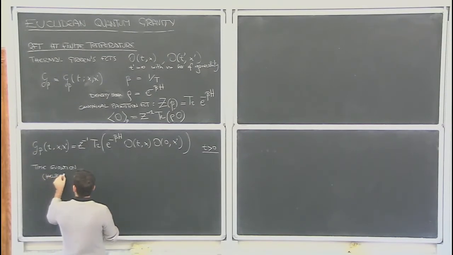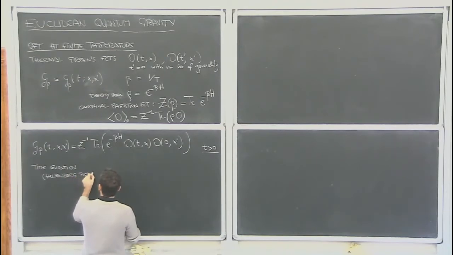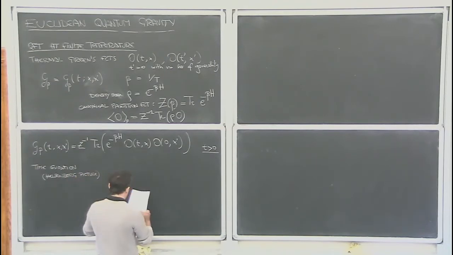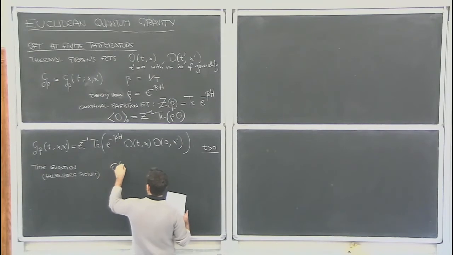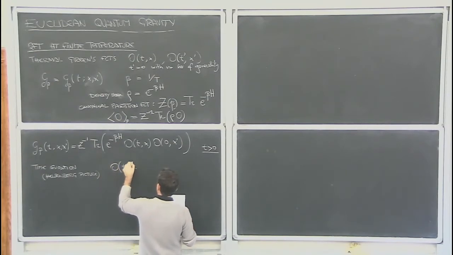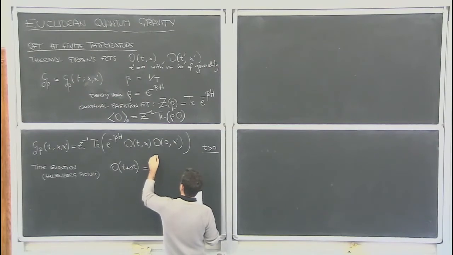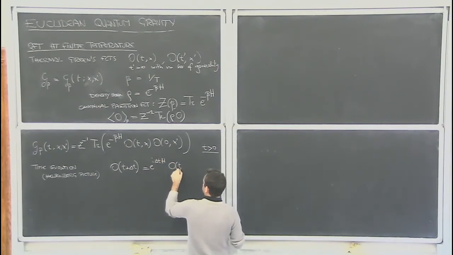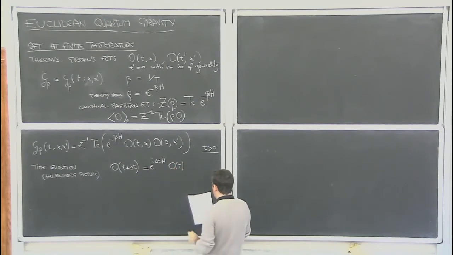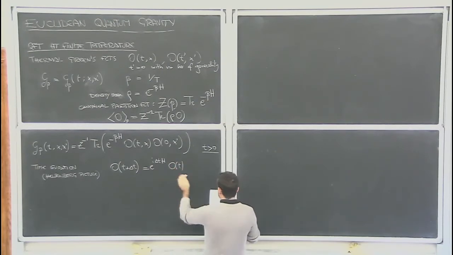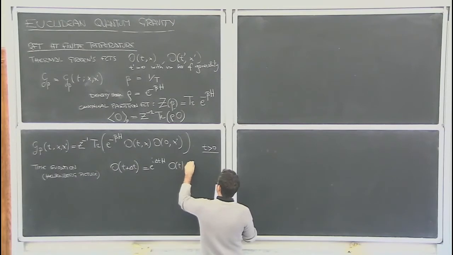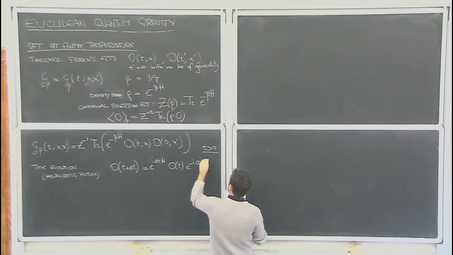So in the Heisenberg picture, the operator at the time t plus delta t is e to the i delta t H, operator at time t, e to the minus i delta t H. I'm ignoring the x coordinate, but it's there.